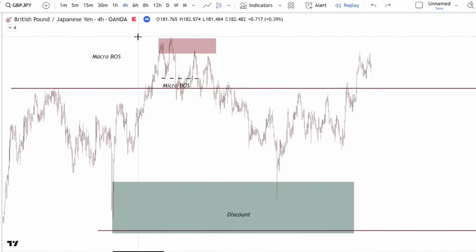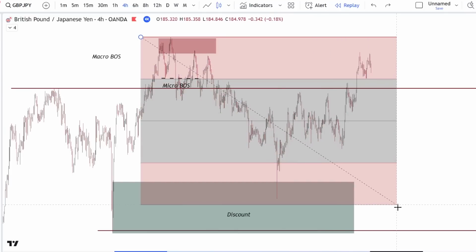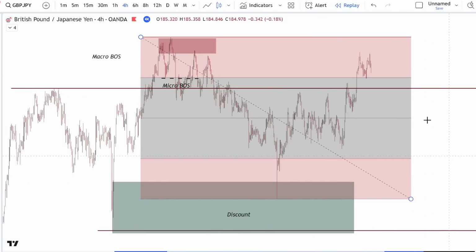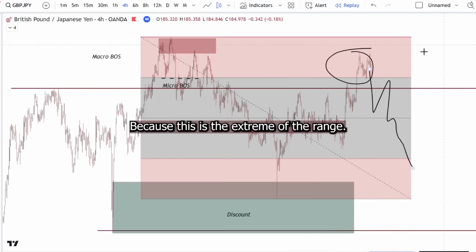Your danger zone would be the same process you did initially with your zone. So your danger zone would be the extreme. So price could always reverse right here and completely change trend. Why? Because this is the extreme of the range.